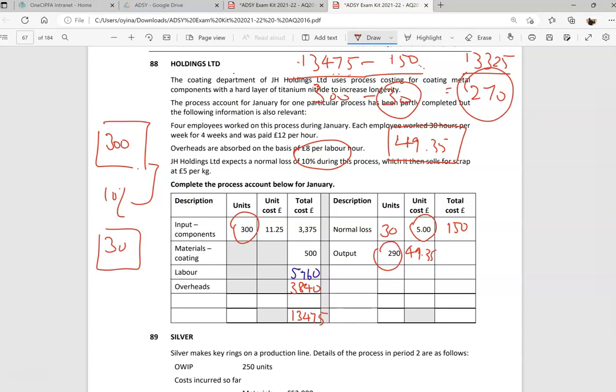What this actually means, I know we call this an abnormal gain, is that if you look at this now, you have 320 here. What this means in reality is that your estimate of normal loss is too high. You put 300 into this process and 290 came out, so you only actually lost 10.